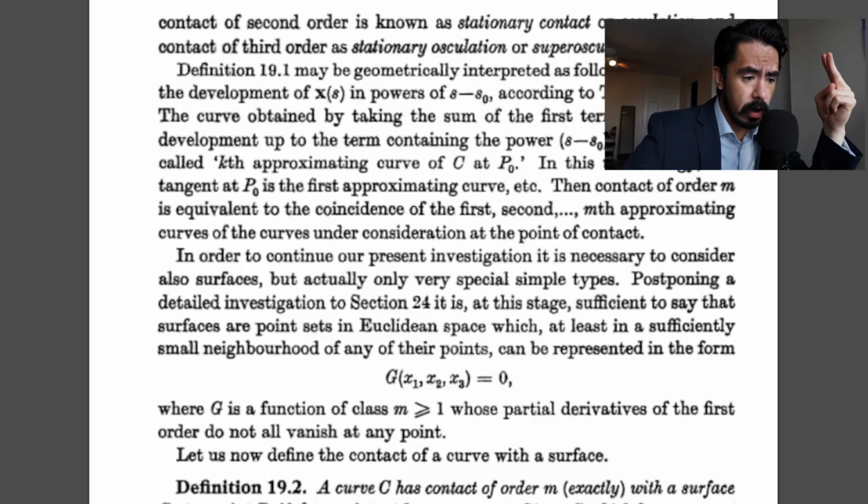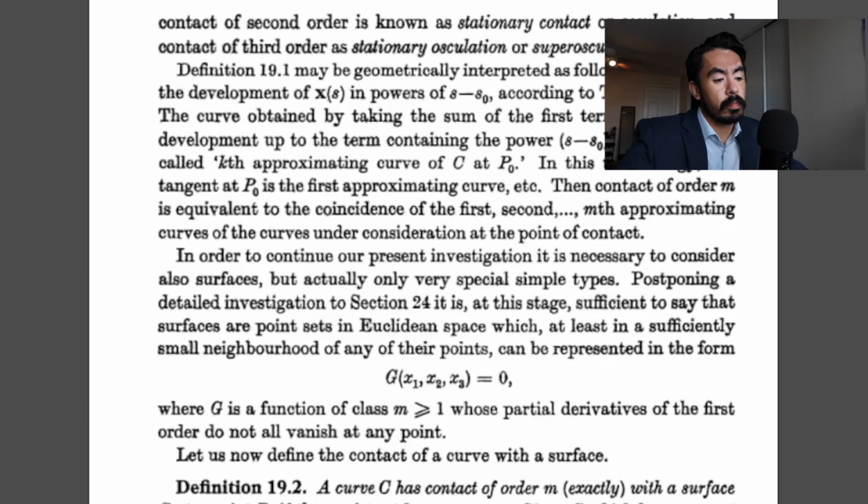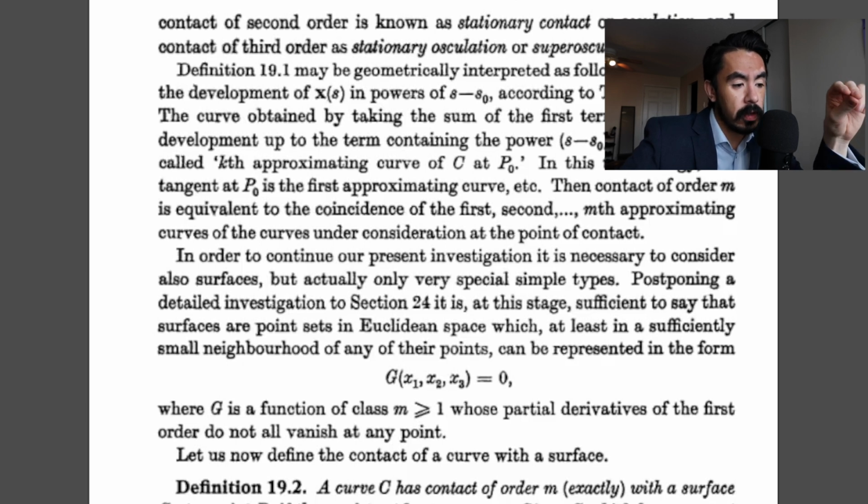Two quick things here. The definition of an allowable representation is being echoed here a little bit, but it's very subtle. When we say that the partial derivatives of the first order don't vanish at any point, it echoes that a little bit. The other thing, which is brought up in earlier sections of this chapter, is solving this representation of the function g in terms of one of its distinct variables.